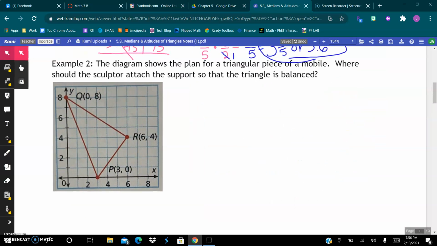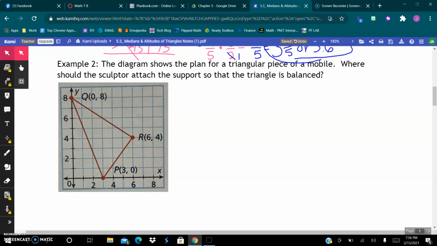For example 2, it says the diagram shows the plan for a triangular piece of a mobile. Where should the sculptor attach the support so that the triangle is balanced? In order for it to be balanced, we need to attach it to the center of gravity, also called the centroid, which is the point of concurrency of the medians.